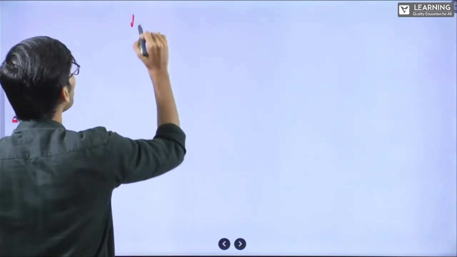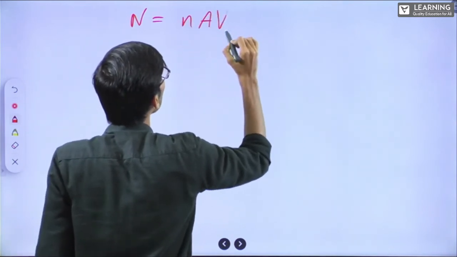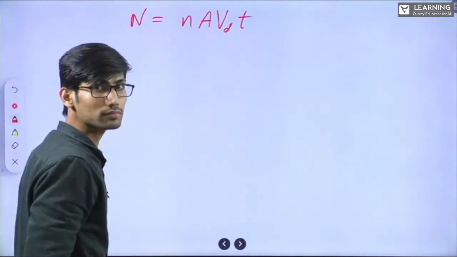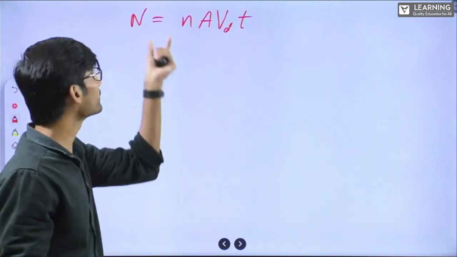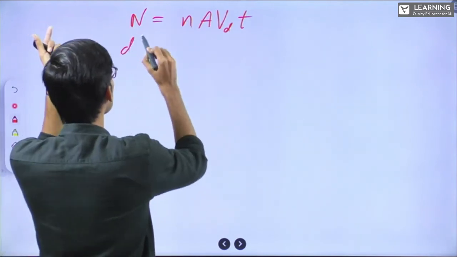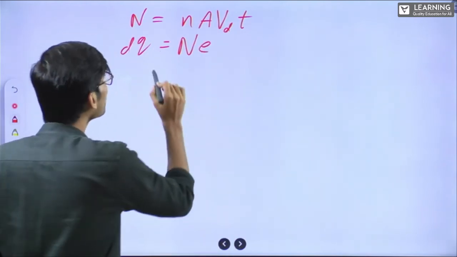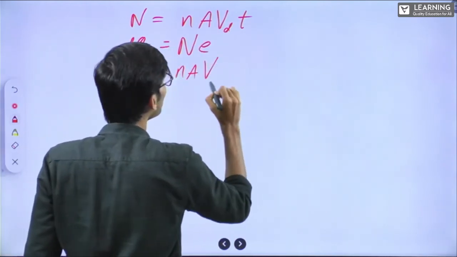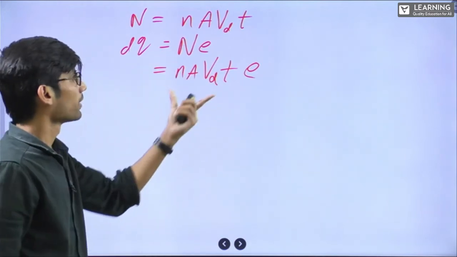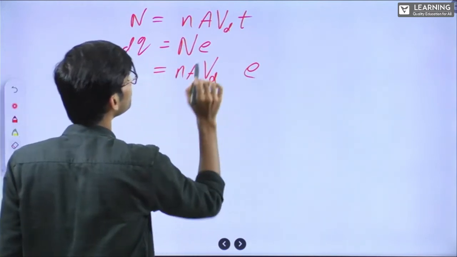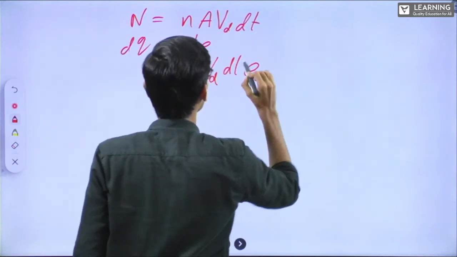Now how much charge? If these many electrons are there, charge is N into e, number of electrons into charge in one electron, that is N A Vd into dt into e. This is dq.